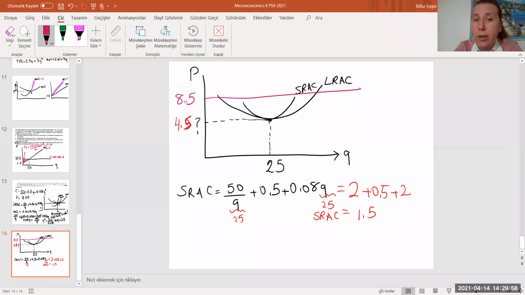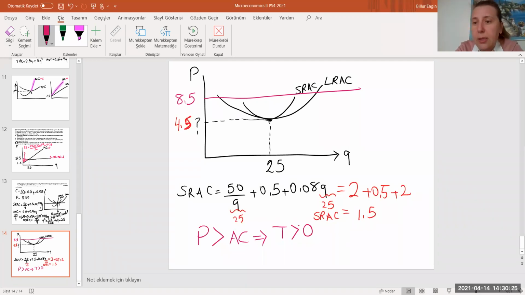Is it a long run equilibrium? Can we say that it is a long run equilibrium? No, no. Here price is greater than the average cost, which means that the firm is earning positive profit.